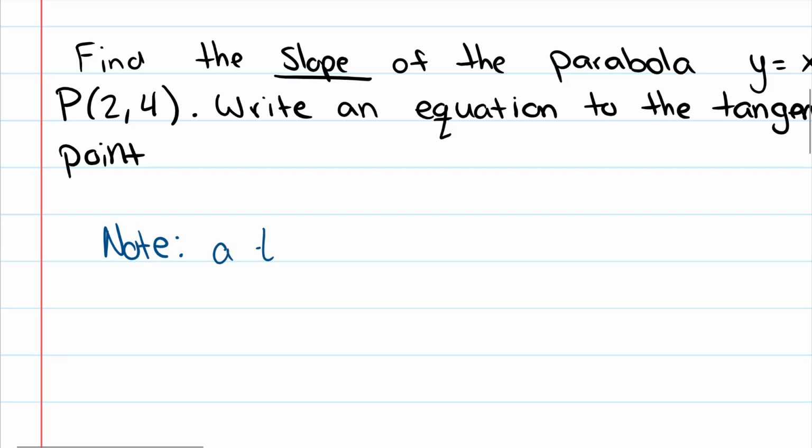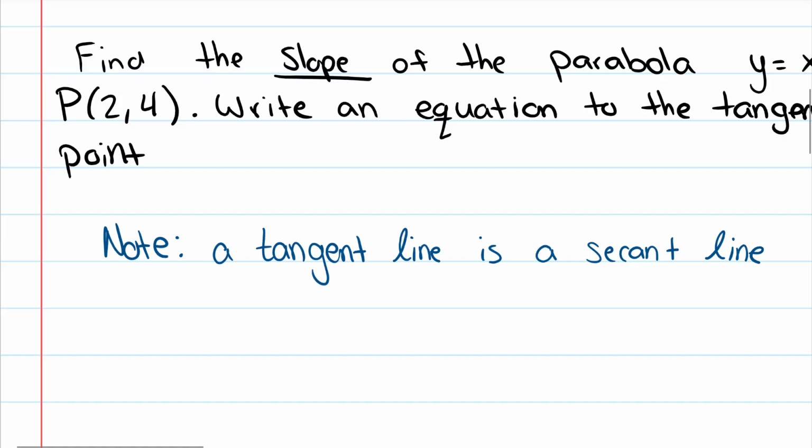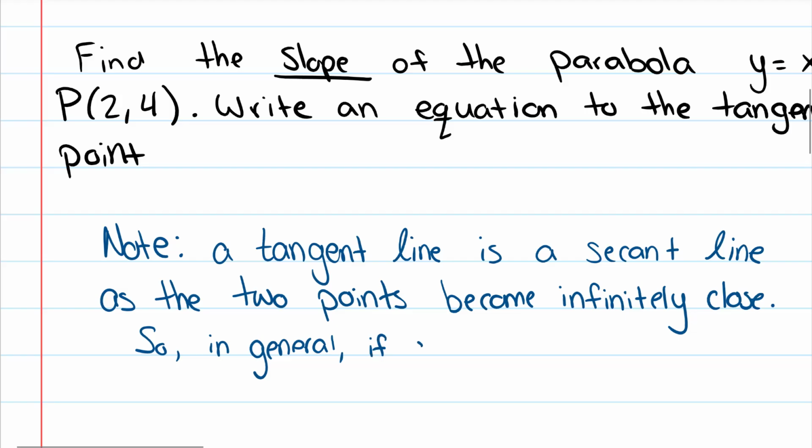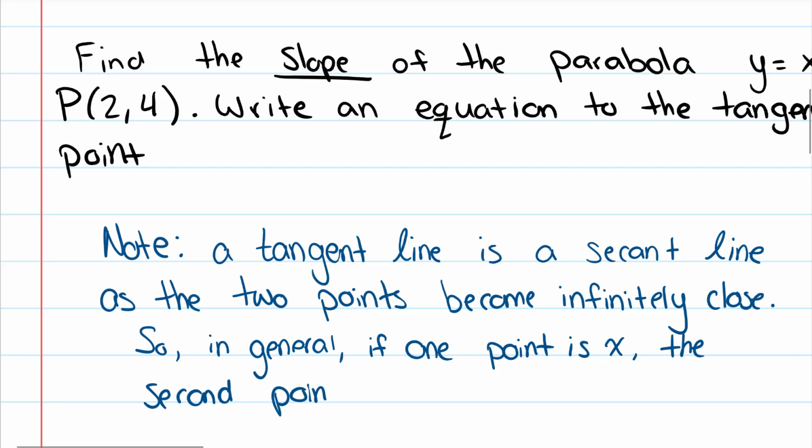A good side note to make is that a tangent line is just a secant line as the 2 points on the secant line become infinitely close. This is what we saw with the graph a second ago. So in general, if the first point is x, then the second point is just x plus h, and then we're going to let h approach 0.